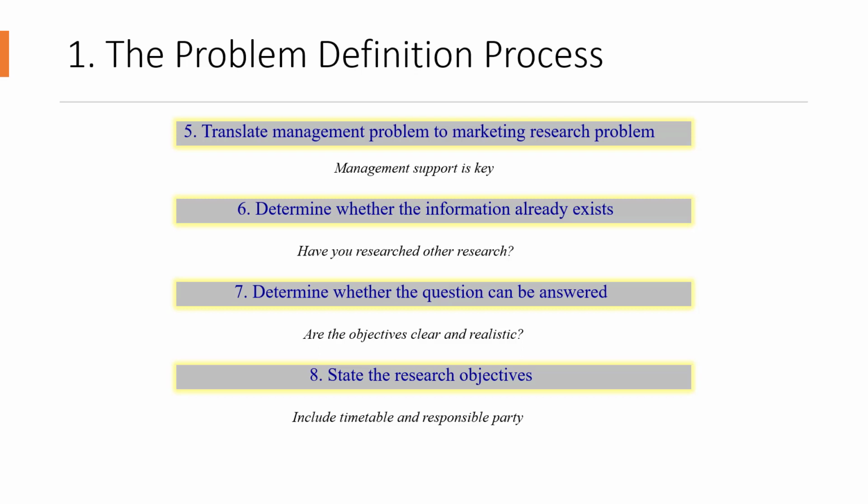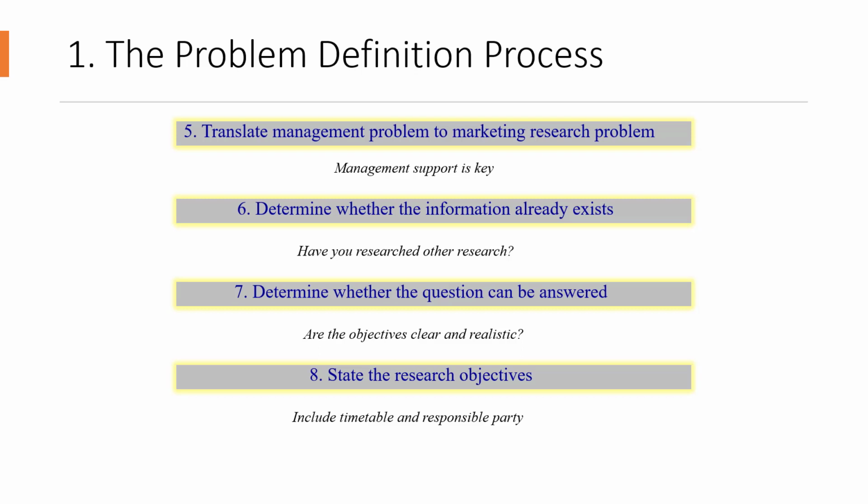Obviously, the last step of the problem definition process is to state clearly the research objectives, including a timetable and responsible party, meaning who is going to do what. Okay, so this is a very important research objective. A research objective, for example, could be to determine how our customers think about us.